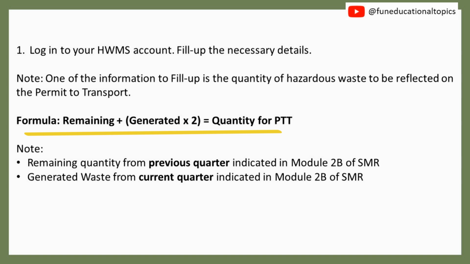The formula is remaining quantity of waste from the previous quarter plus the generated waste multiplied by 2 equals the quantity for PTT. Note that remaining means quantity from previous quarter indicated in Module 2B of SMR. Generated means quantity of generated waste from current quarter indicated in Module 2B of SMR.